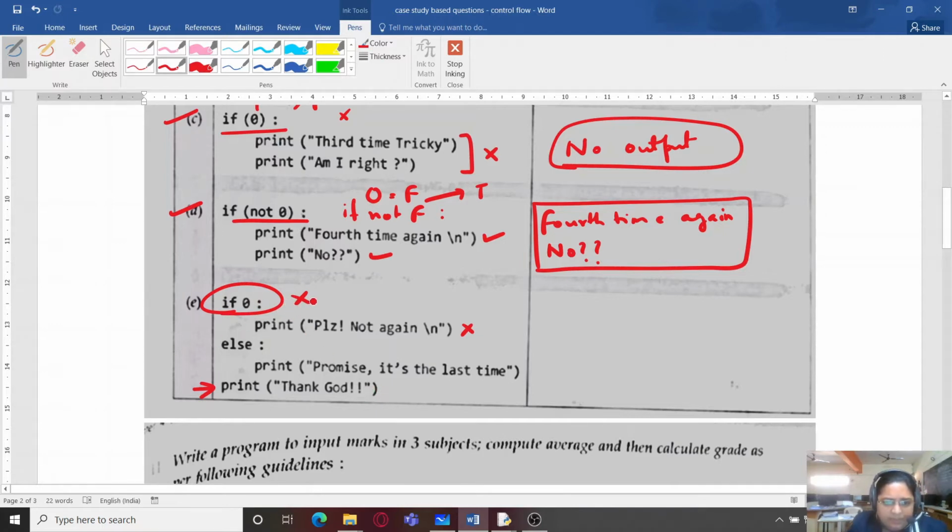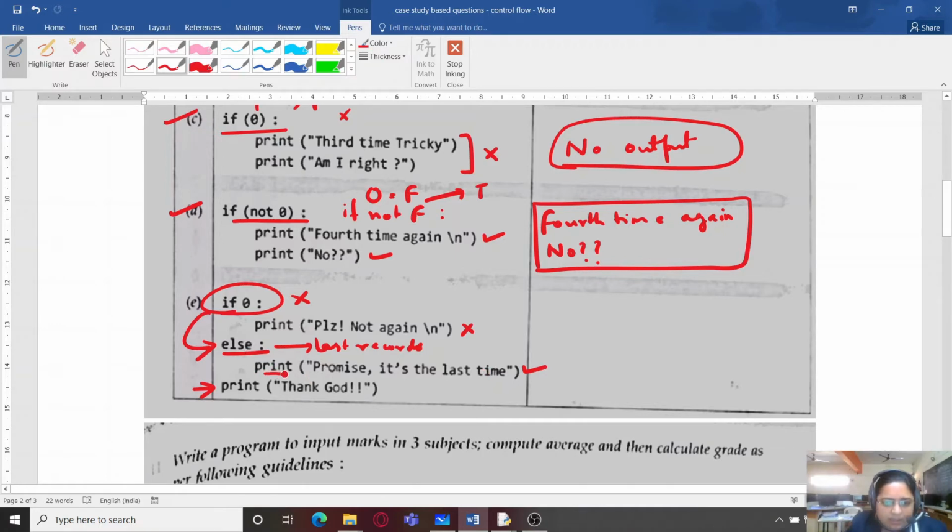Now because the if condition is false, hence we jump to else part over here, and whatever statement is there within else, that will be executed. As I have already explained before, that else part is the last resort. In case none of the conditions suffice, it's the last resort which will always be executed.